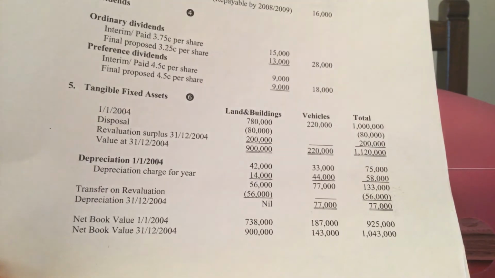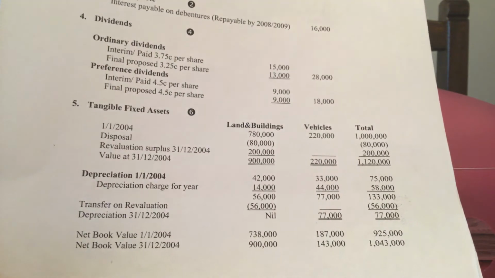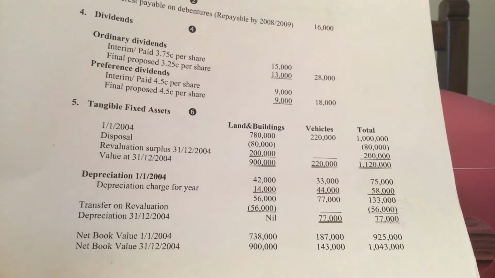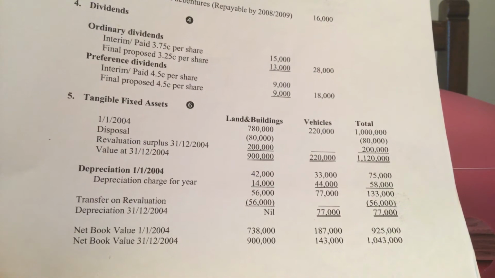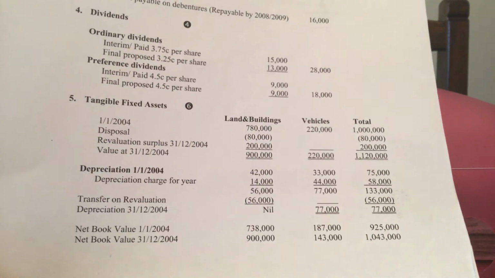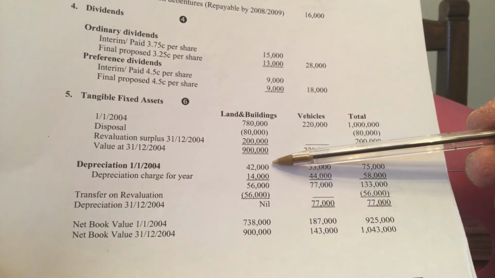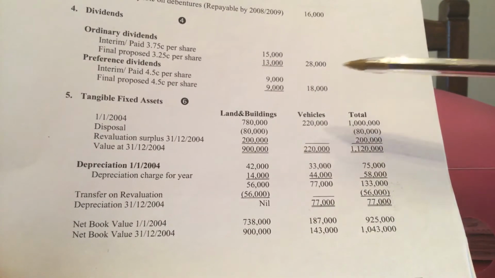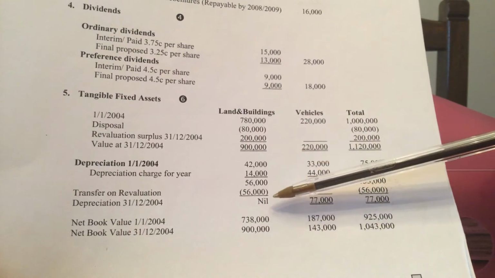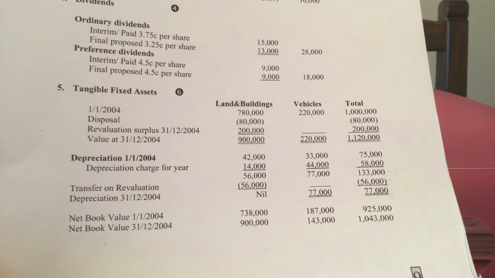The net book value at the start of the year, of course, for land and buildings is 780,000 minus the 42,000. That gives you 738. And so look, there's your 780,000 minus your 42,000. Then at the end of the year, you have 900,000 minus your closing depreciation, which gives you 900,000.